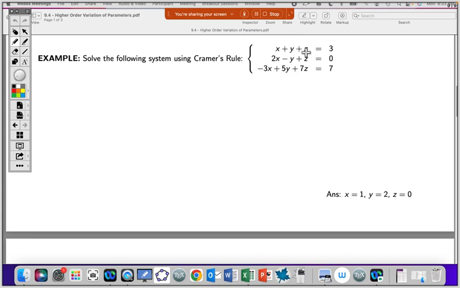So first off, we have 3 equations. They're linear equations. All the variables here are to the first power. It's already written in sort of the standard form. So we'd start off by calculating our determinant D. This is the determinant of the coefficient matrix. So the first column will be the coefficients of X. I'm just writing down the coefficients of X, so what would that look like?